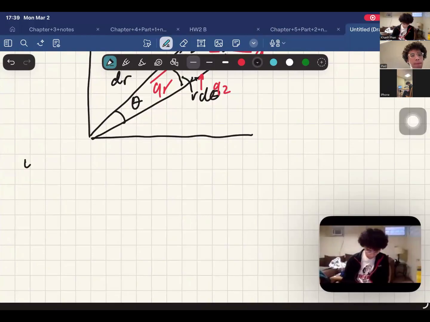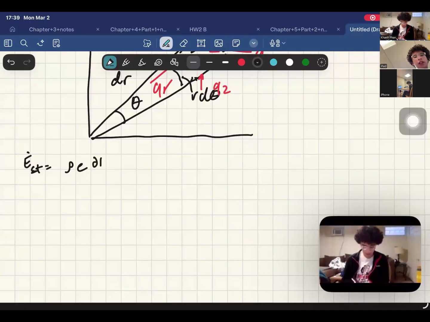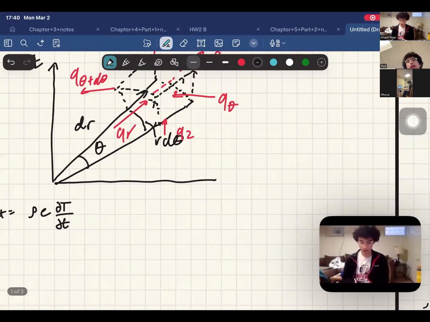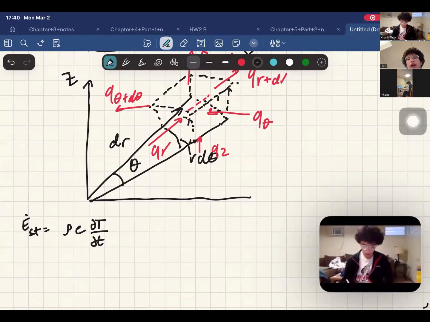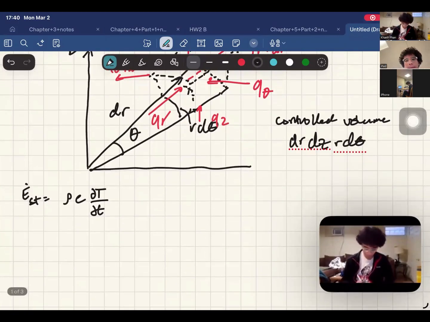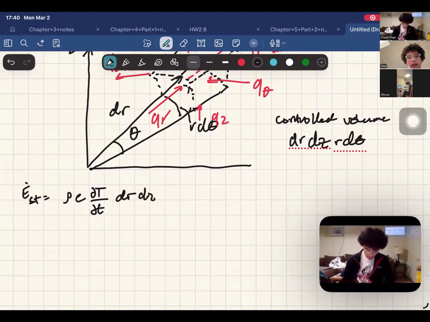So now we're gonna write our energy balance. We have energy storage equal to density times heat capacity times change in temperature with respect to time, times the volume. In this cylindrical figure, we established that our control volume is gonna be dr times dz times the arc length r d theta.